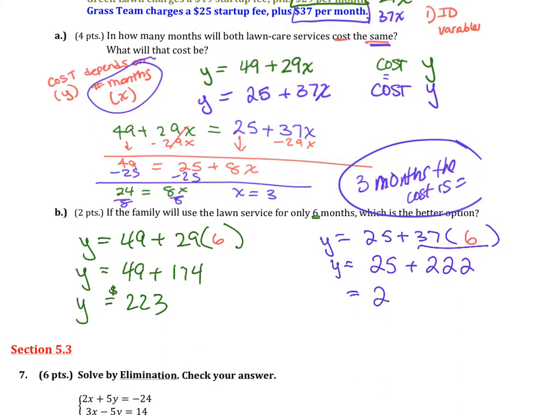And when you add those two, you get 247. So the blue one is going to be $247 for 6 months. So the green grass, as they called that company, is cheaper for 6 months.